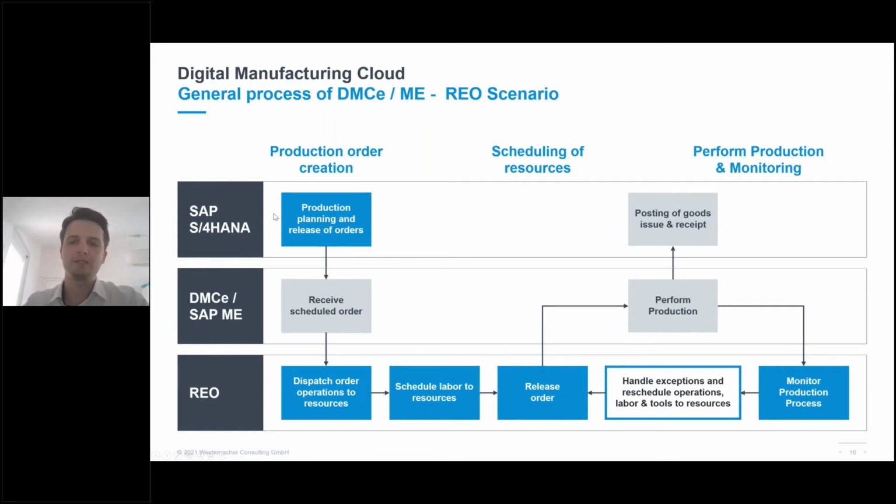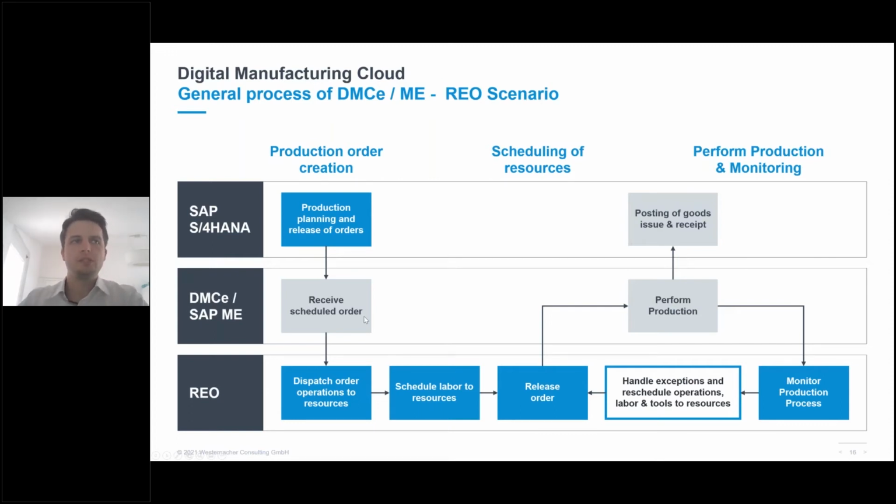So the production planning takes place within the S/4HANA solution, and we release an order to the respective execution system, whether that is the DMC for execution or the SAP manufacturing execution system.